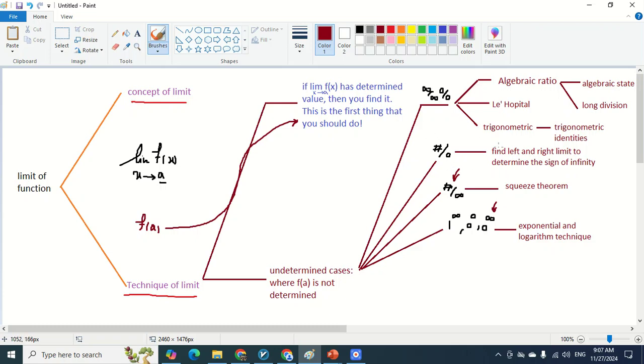So for each of these situations, based on that undetermined form, we have some techniques to calculate limits. However, these techniques do not cover all cases, but at least you have some categorization in your mind. So let us take a look at each of these categories one by one and solve some examples.